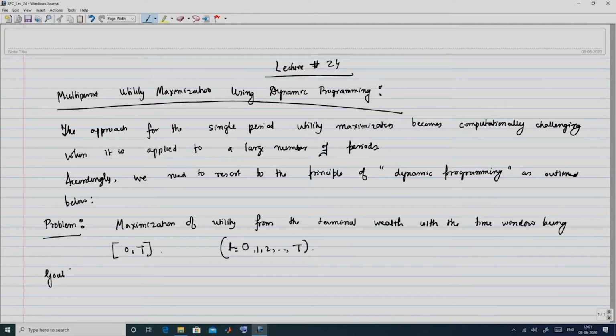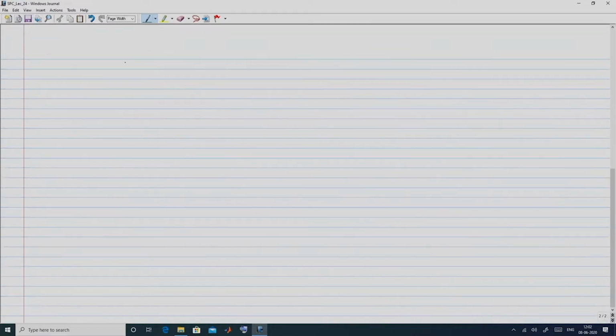So, in a more mathematically tractable formulation, the goal is to solve the following problem at time t is equal to 0. And what is the problem we want to solve? We want to find the supremum of the expected utility.